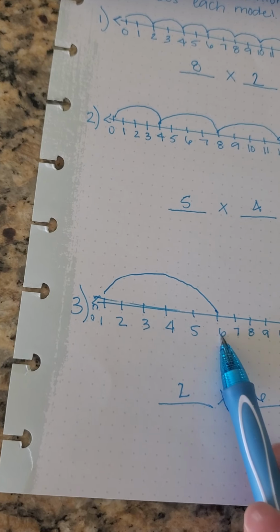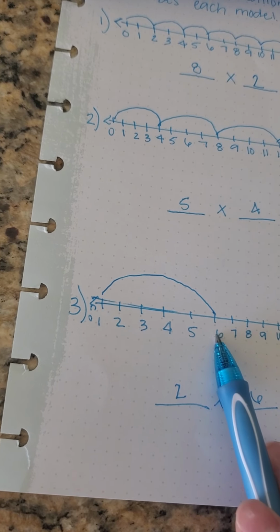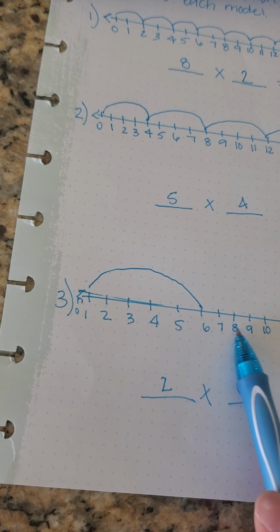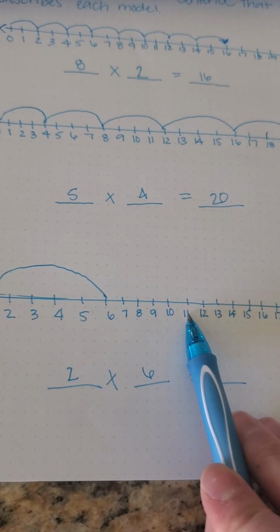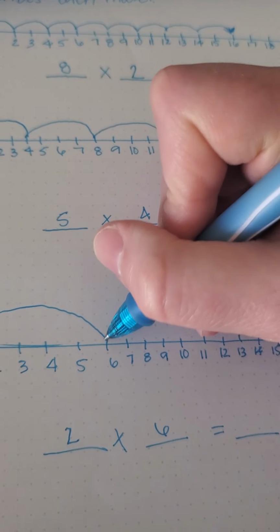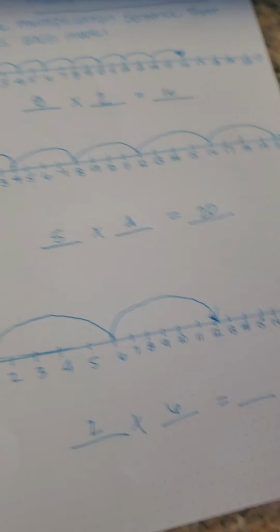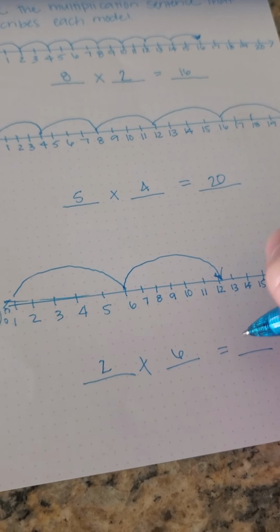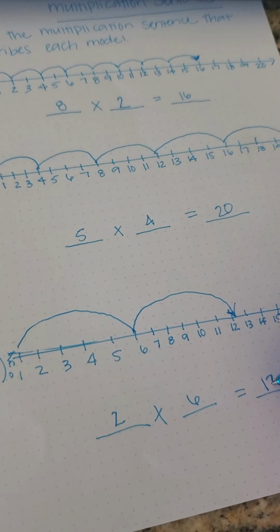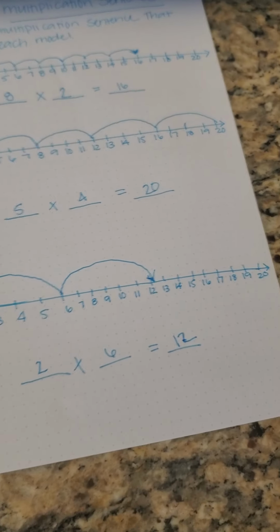So how many is 6 from 6? We're going to go 1, 2, 3, 4, 5, 6. That should get us all the way to 12. And if we do our math, 2 times 6 should equal 12. Very good.